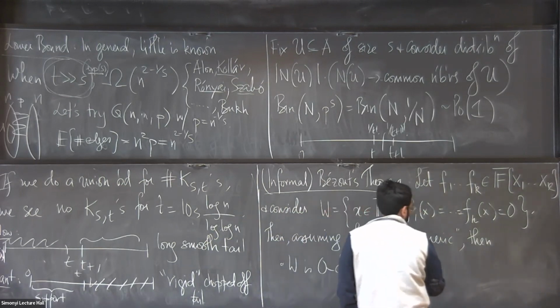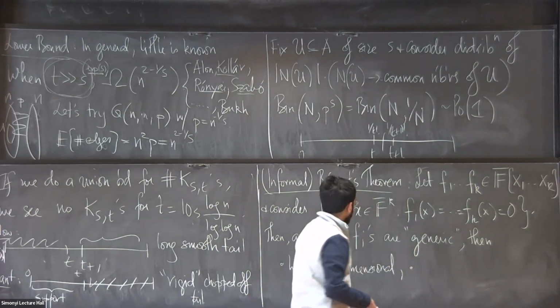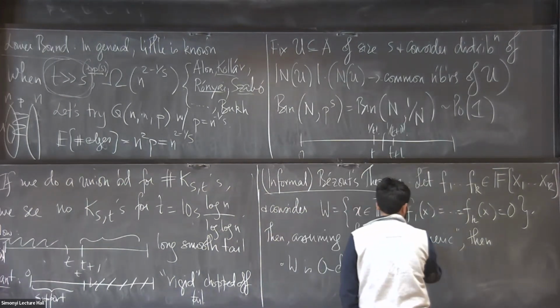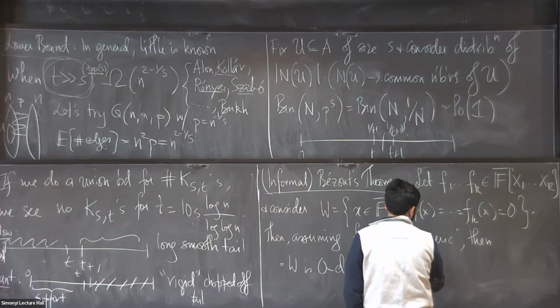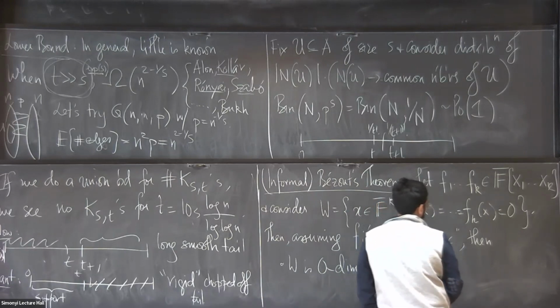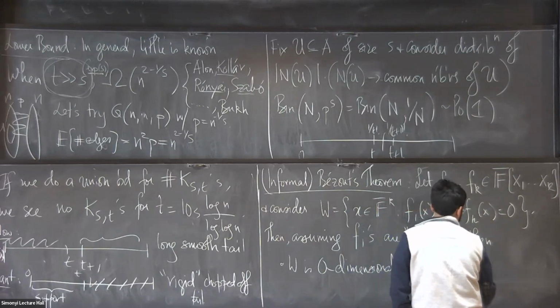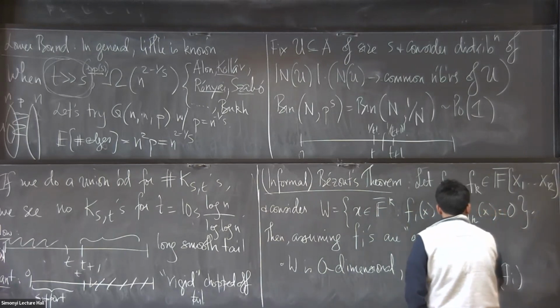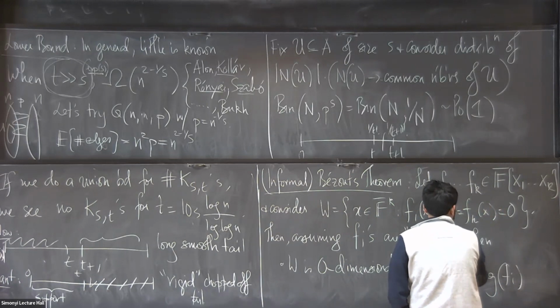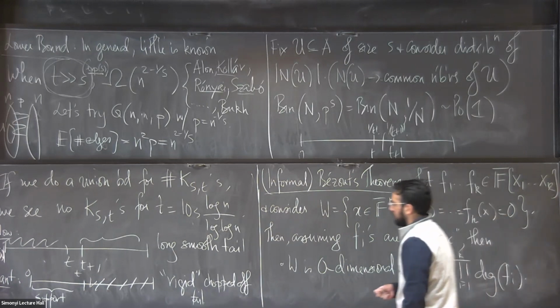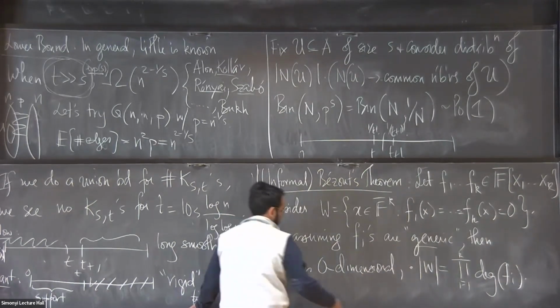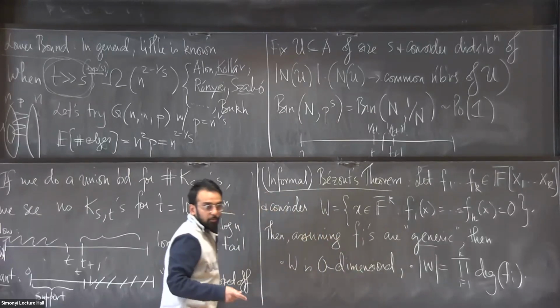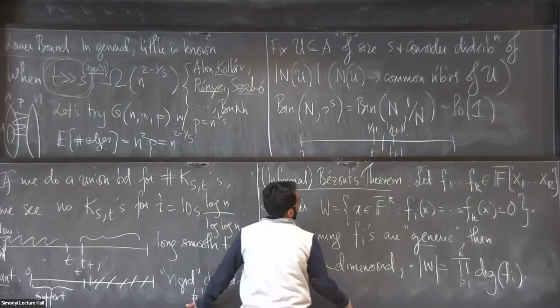And again, almost surely, under this genericity hypothesis, the size of W is the product of the degrees. Okay. So it's a perfectly determined system. It's not overdetermined, it's not underdetermined, and that's important.